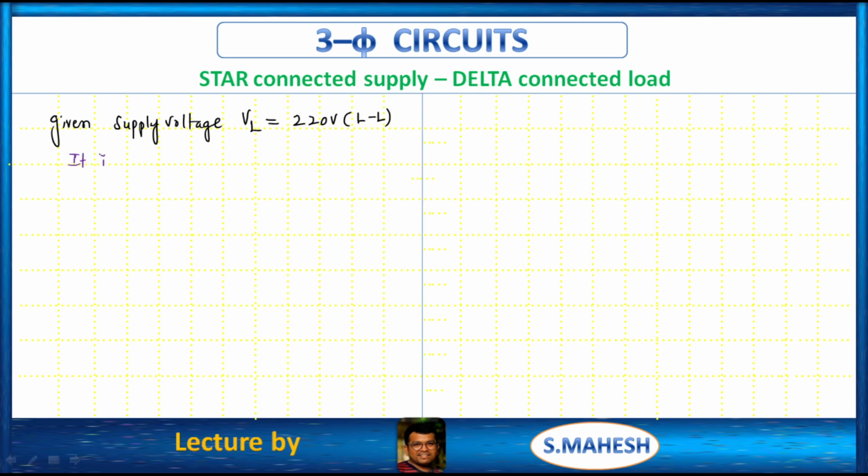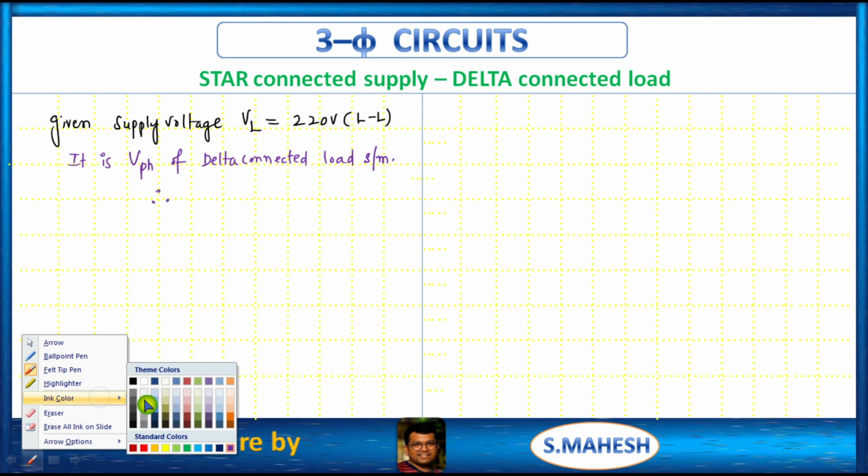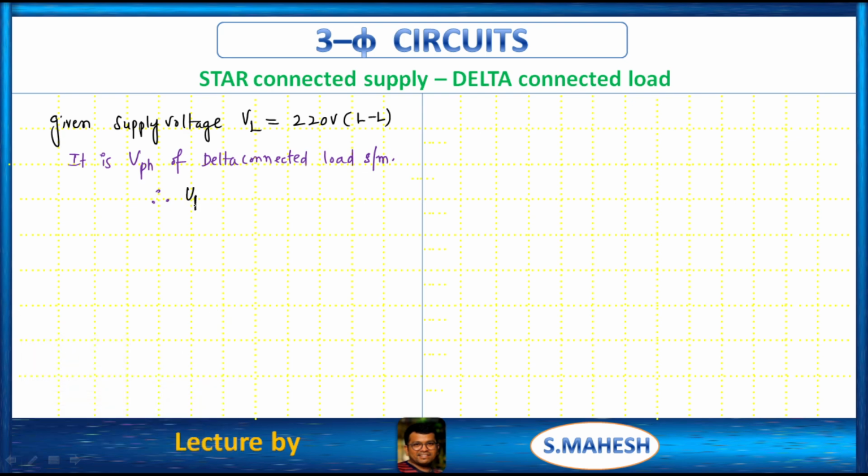It is the phase voltage of the delta connected load system. Therefore, V phase is 220 volts, right? For delta.